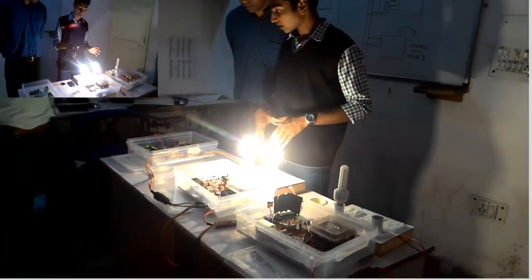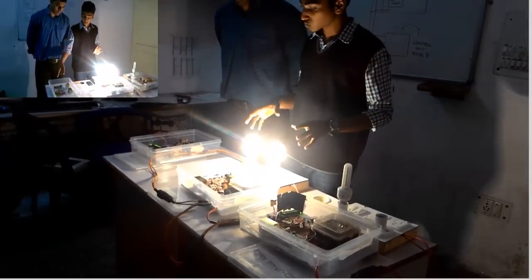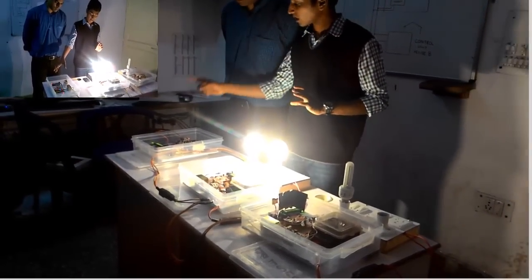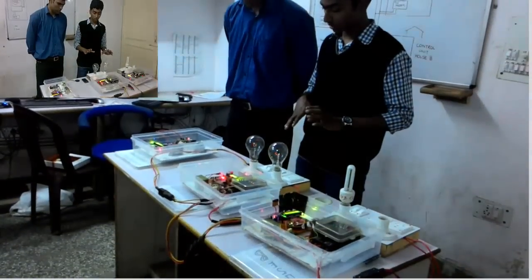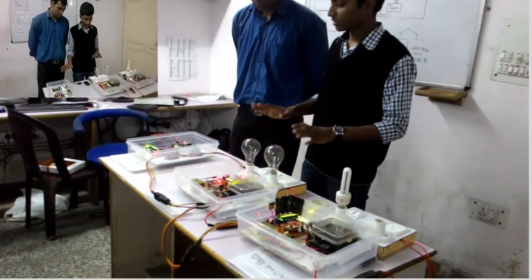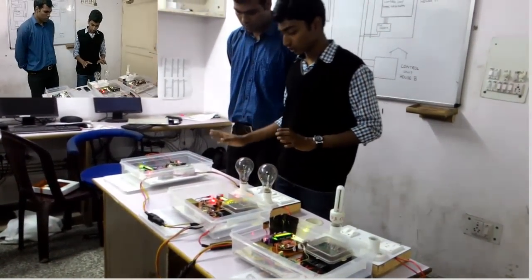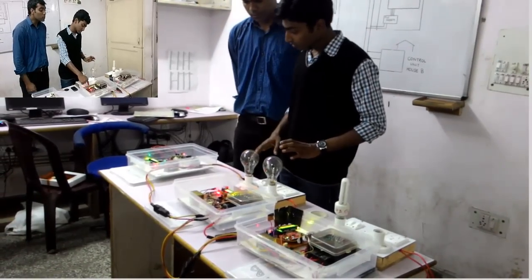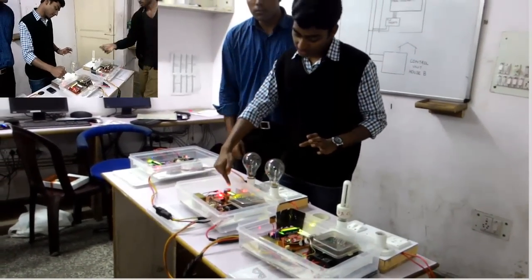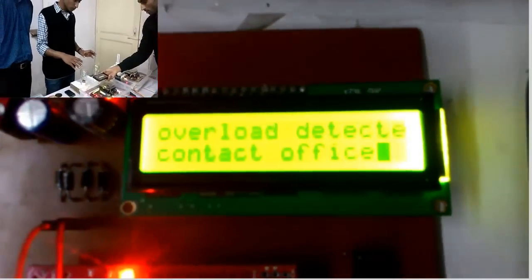What this time will happen is that the power is going to be cut off automatically, as the microcontroller at the transformer side is going to send a command to this unit. The power has been automatically cut by the master control unit. Now you can see the message here that overload has been detected and you need to contact the office.